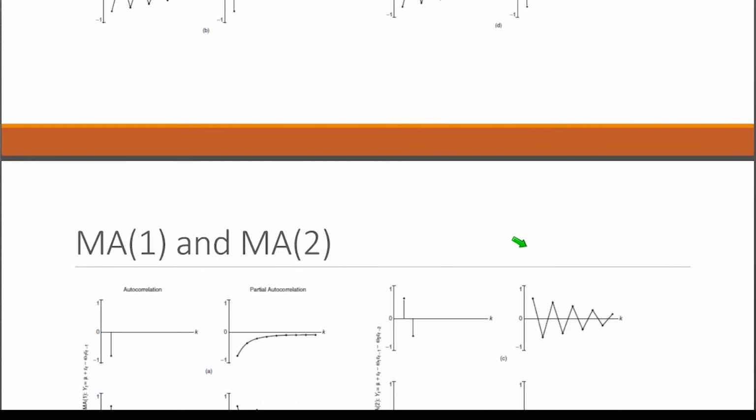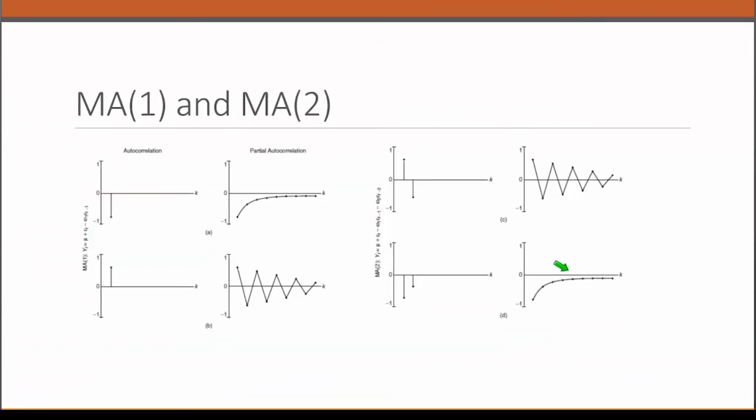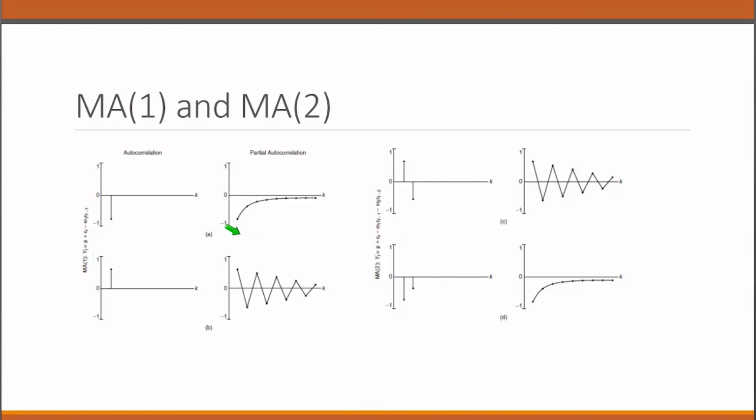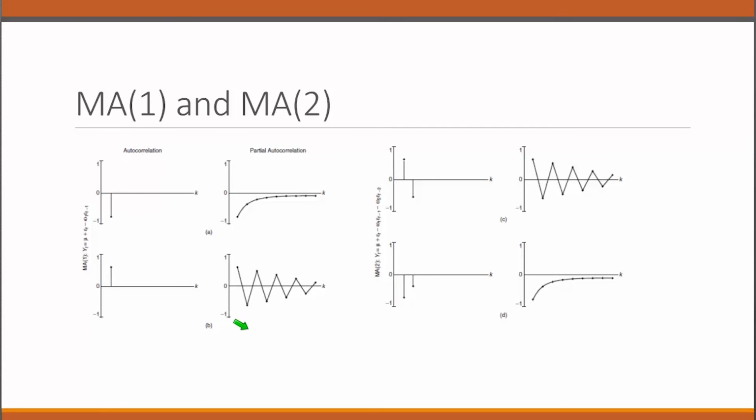The MA part is just the opposite. If we observe that partial autocorrelation is dying out, meaning the autocorrelation is decreasing gradually with the same sign, or dying out with alternating signs but the range is decreasing, then we say partial autocorrelation is dying out. On the other hand, autocorrelation cuts off.